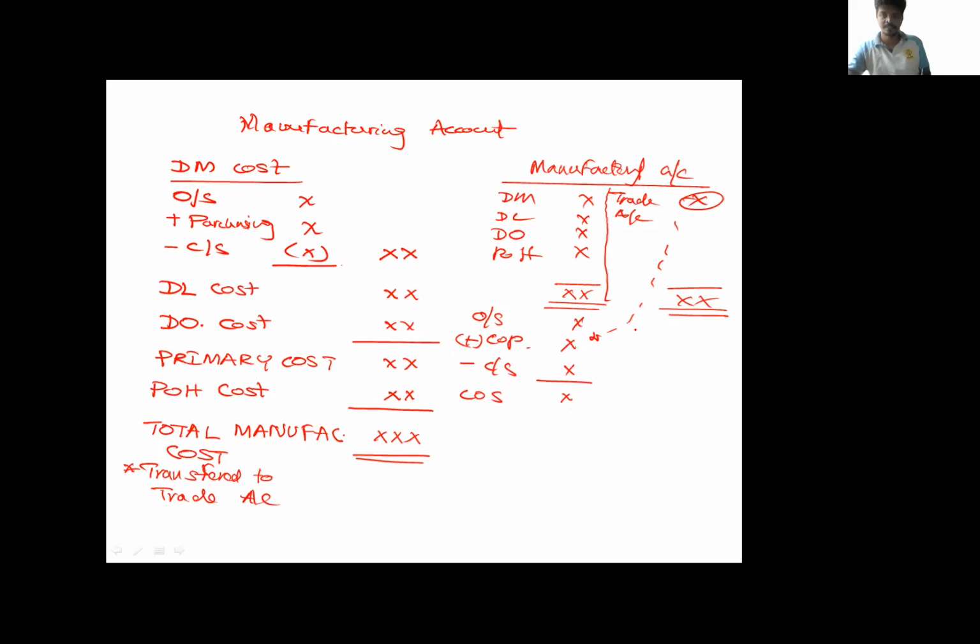Okay, then from this side we can have sales, then the difference between these two sides we can identify, if it is coming from this side, gross profit. Then we can put that here, brought forward gross profit. Then we can deduct other expenses. Then the answer is net profit.